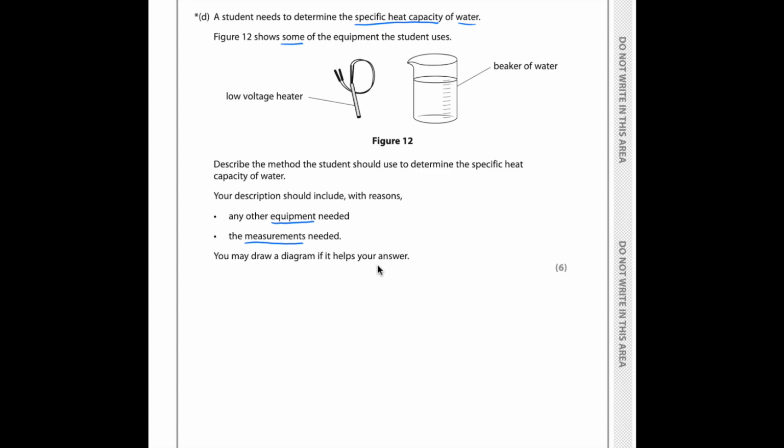Right, well, as I say to my students, base your explanation on the calculation. So the calculation for specific heat capacity is the change in heat energy, delta Q, equals mass times by specific heat capacity times by the change in the temperature.